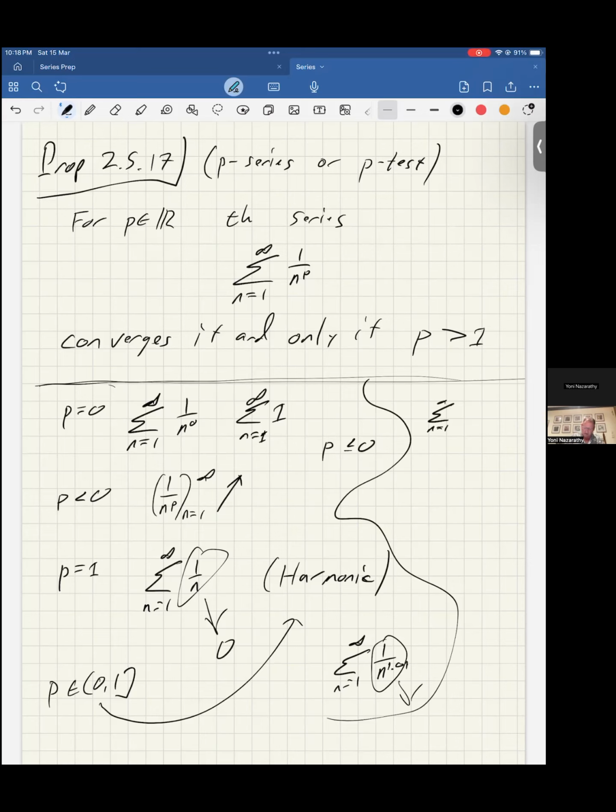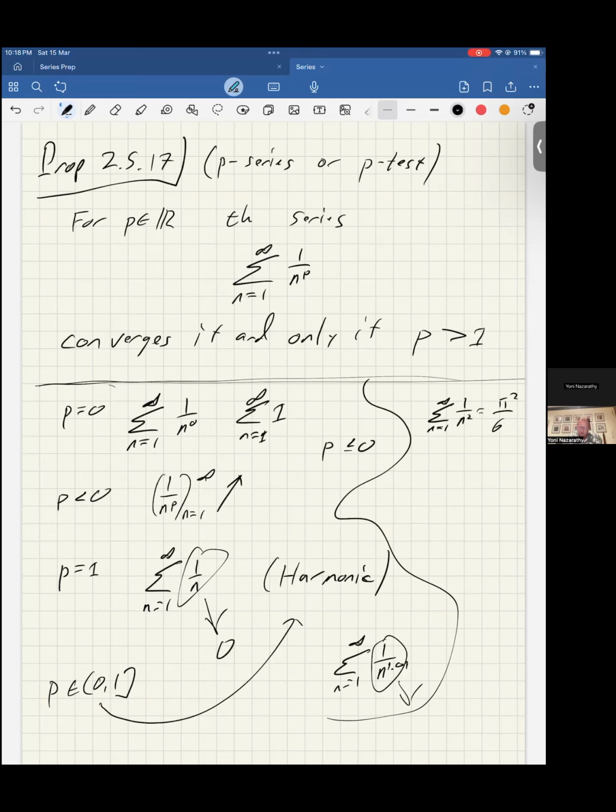And just one more thing to say about it is a very famous sum, n from 1 to infinity of 1 on n squared. If you take p equals 2, then you get the famous formula pi squared over 6. So the series converges, and you actually have an expression for it in terms of the very well-known pi, right?